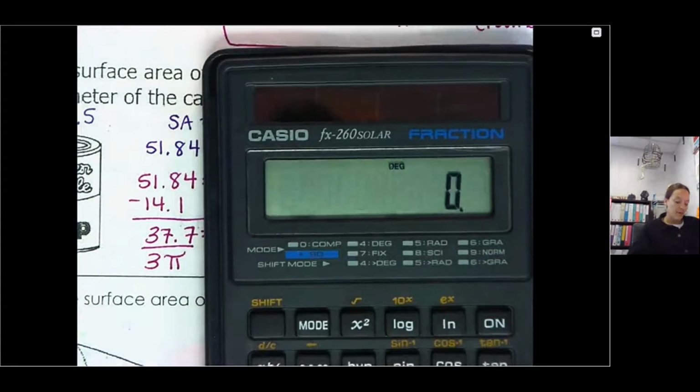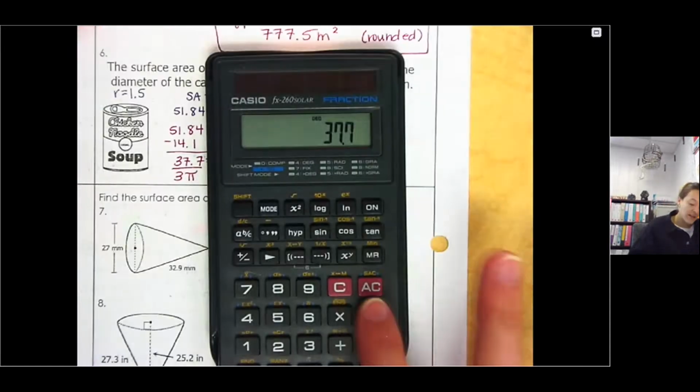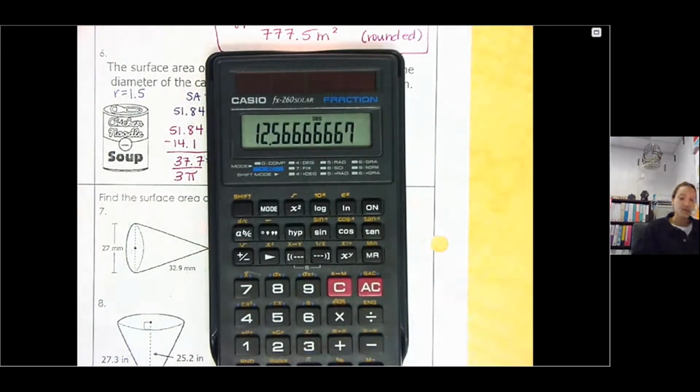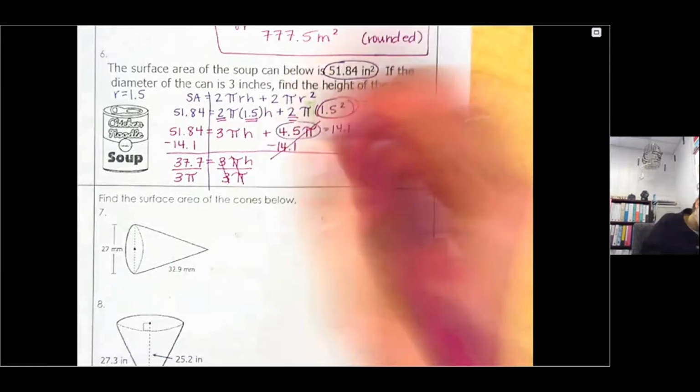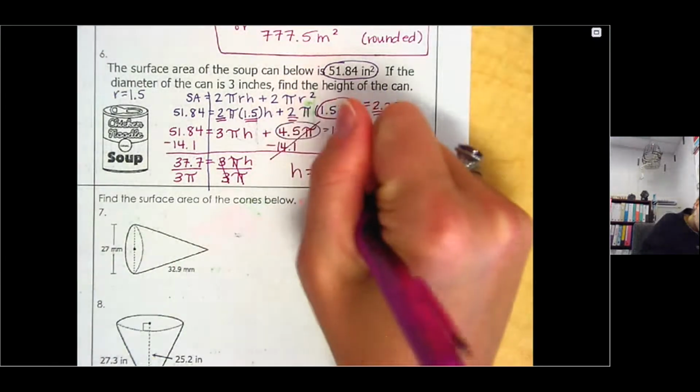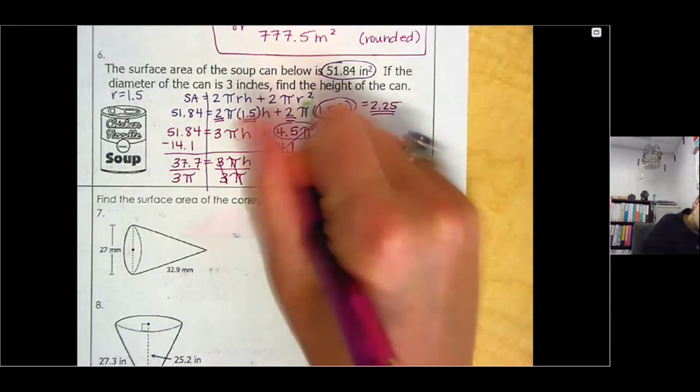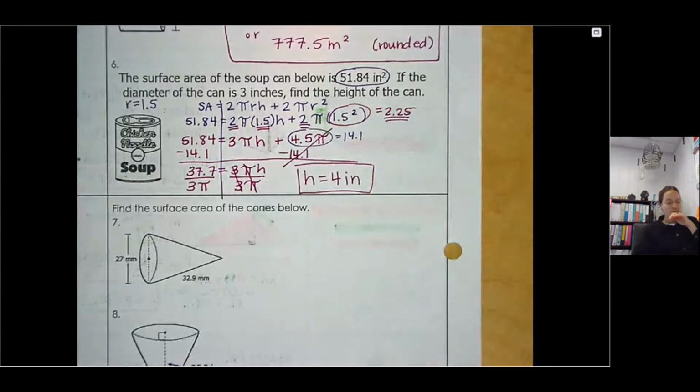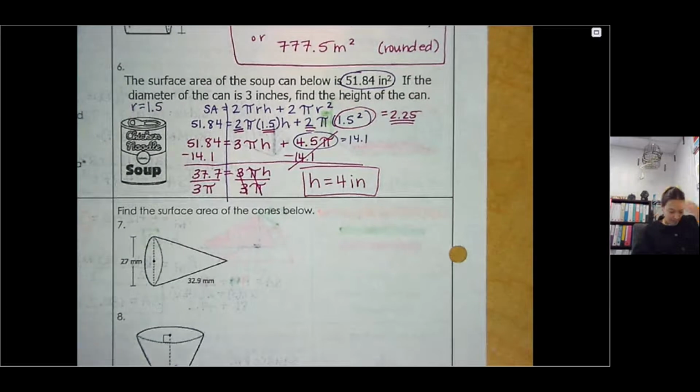So when I go to put this in my calculator, I'm going to put 37.7 divided by 3 equals, and also divided by pi equals. I get 4 point. So my height is 4 inches. And there we've done an algebra problem now with surface area.